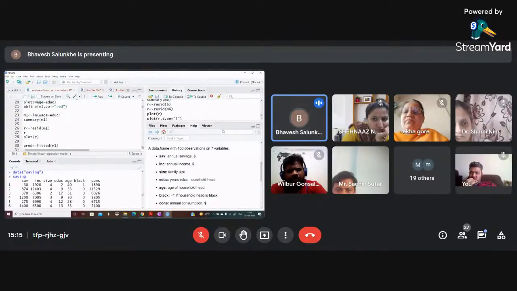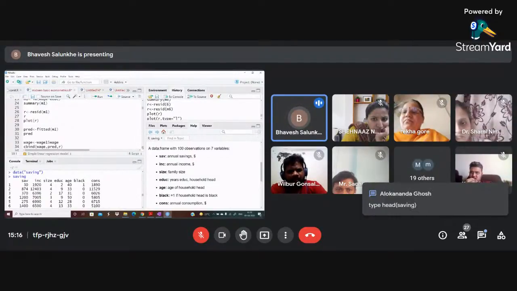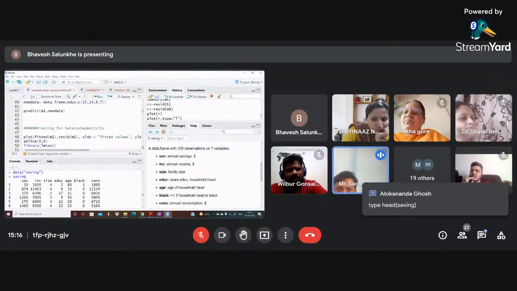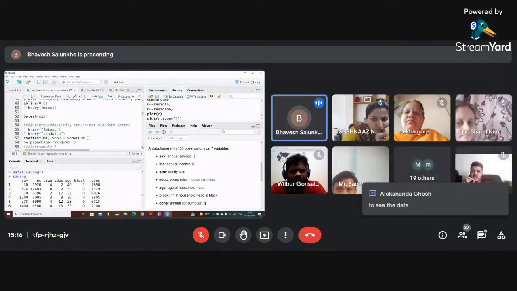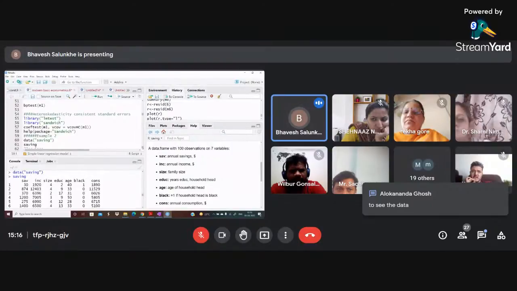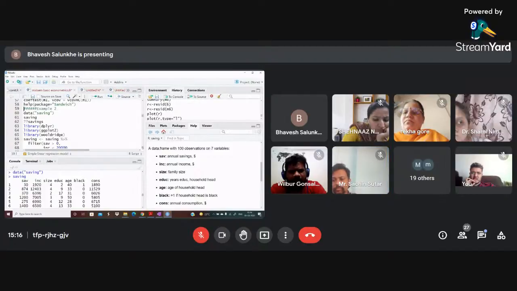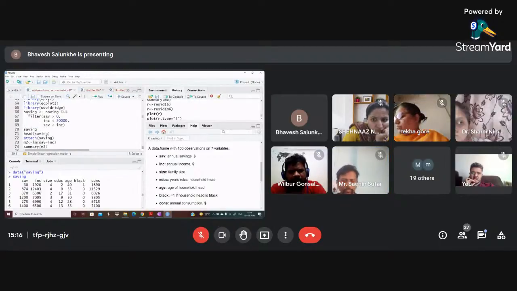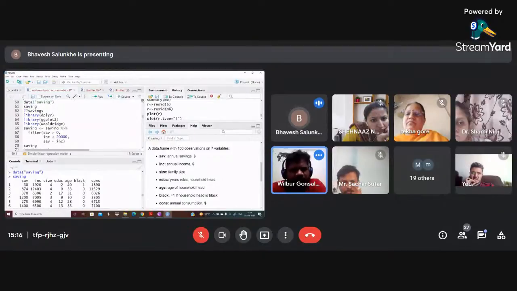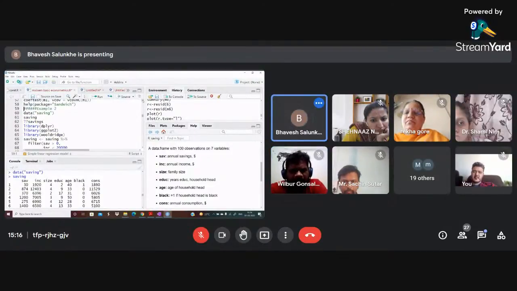Then type data, not Wooldridge, I'm sorry, the savings data, just type the name saving inside the double inverted commas. That I've done, sir, but nothing turned up. Okay, now again type the name of the data set, saving, below that. Okay, I will try that. Yeah, after we type saving, we are getting the data. Yeah, you have to type saving, then the data will appear.